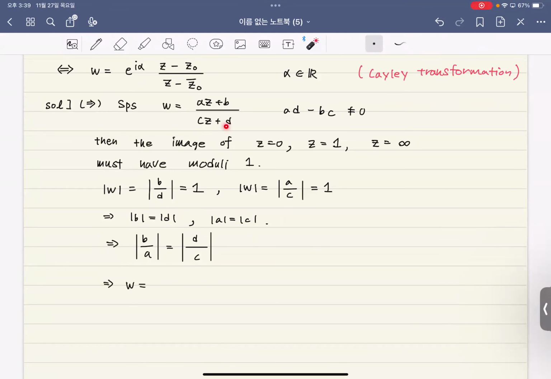Since this is our linear fractional transformation, it turns out the modulus of the ratio between these 2 leading term coefficients equals 1. This gives us the idea. So I will just say (z plus b over a) and (z plus d over a), right?